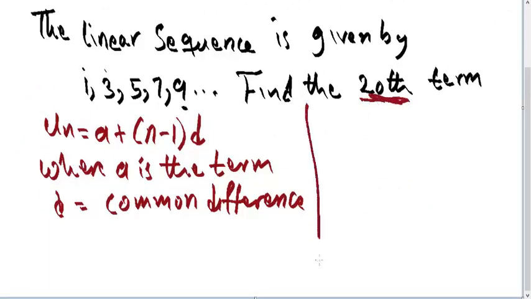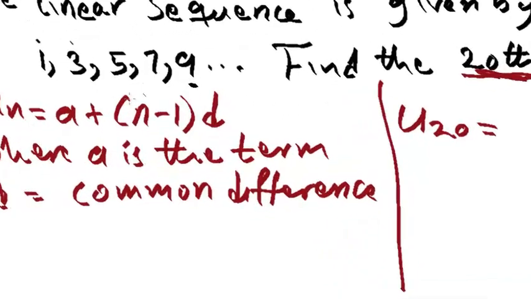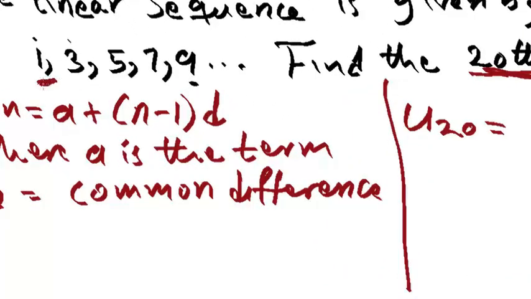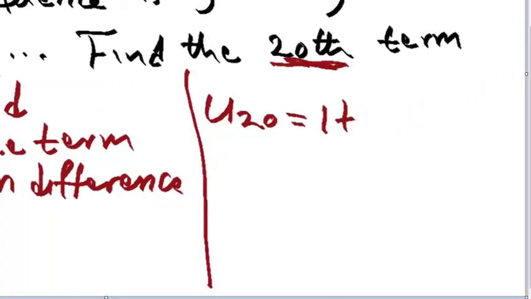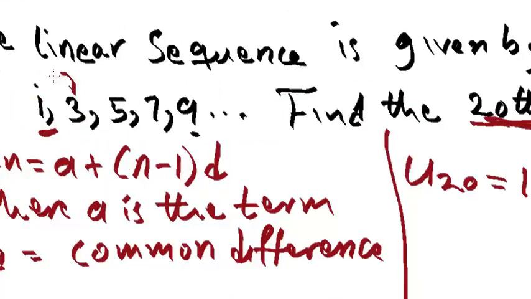So what we are writing is u20 is equal to the first term. Our first term is 1 here, so that will be 1. Then plus n minus 1, which is 20 minus 1, that will be 19. Then d is the common difference, which can be obtained by second term minus first term, or third term minus second term, or fourth term minus third term, or fifth term minus fourth term.